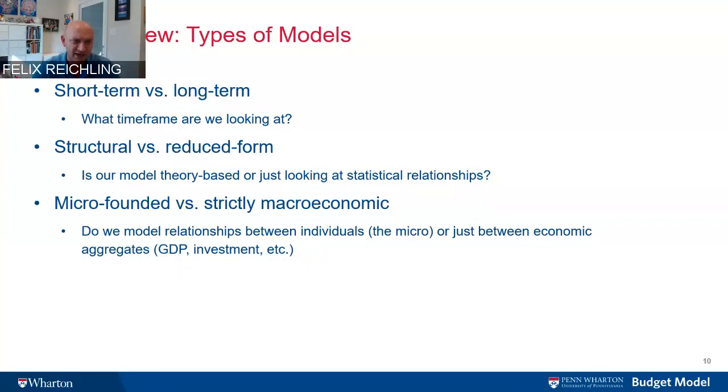In particular, I want to stress that the structural versus reduced form choice is very important. The problem with the reduced form is that unless you have had a policy reform or proposal that looked just like the one you're trying to implement, and you have data for how that worked, you have very few means to actually forecast what that policy proposal would do to the economy or to households.